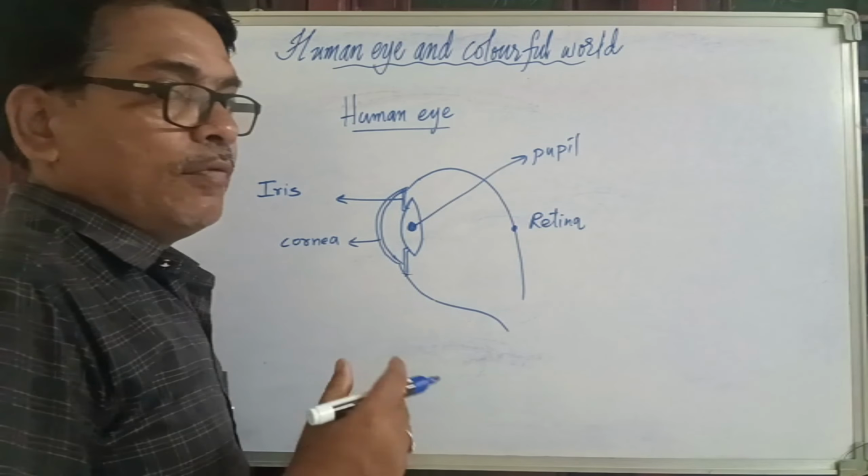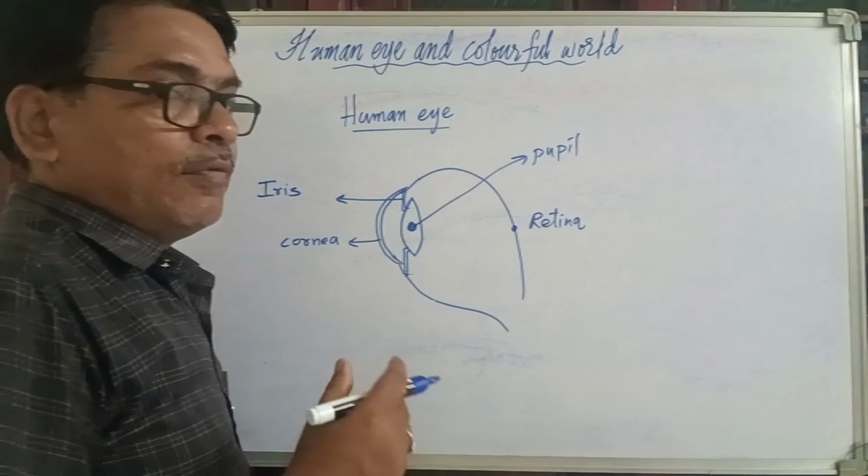When we play outside in the ground, a large quantity of light is available. Therefore, the iris will decrease the size of the pupil so that more intensity of light does not enter the eye and spoil the retina.